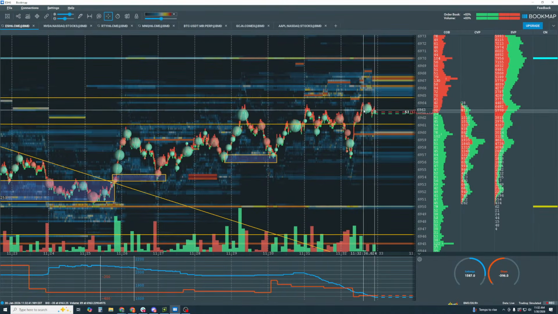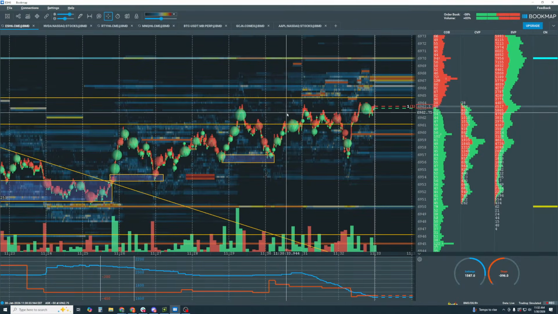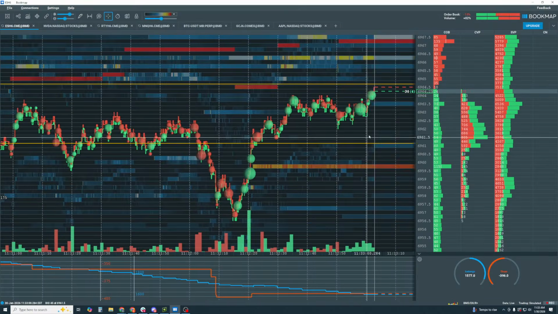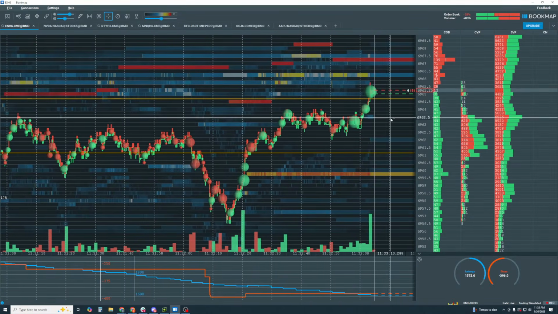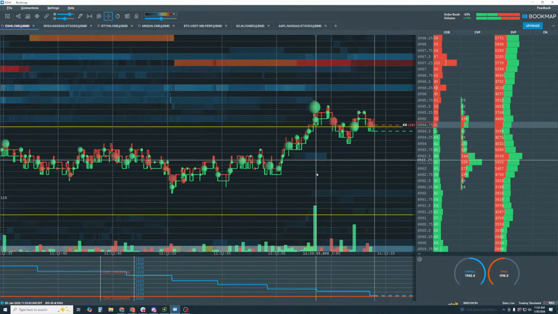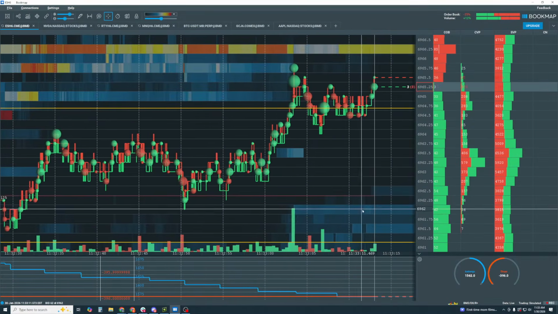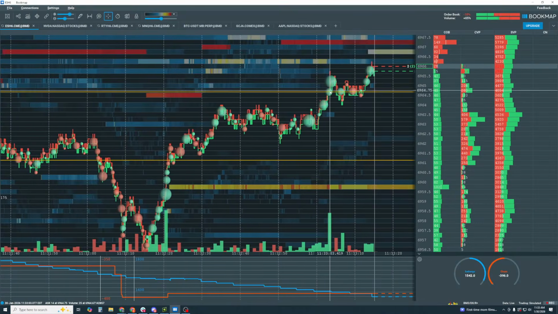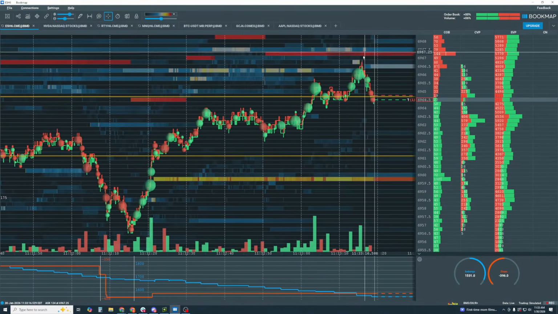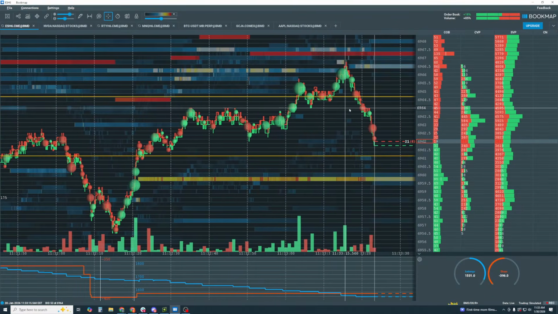So just putting these pieces together in terms of context. What would be really helpful is maybe they step up the bid. There they go. See how they stepped up the bid just a little bit right in there. We saw that, right in here, also down in here, and the reaction was buyers. So now we can look for and target these areas of high liquidity where the sellers are up here.